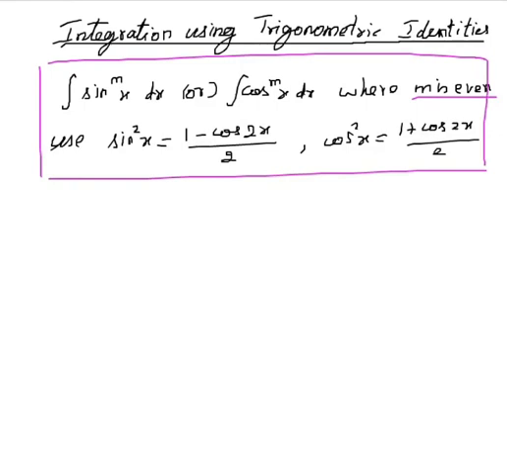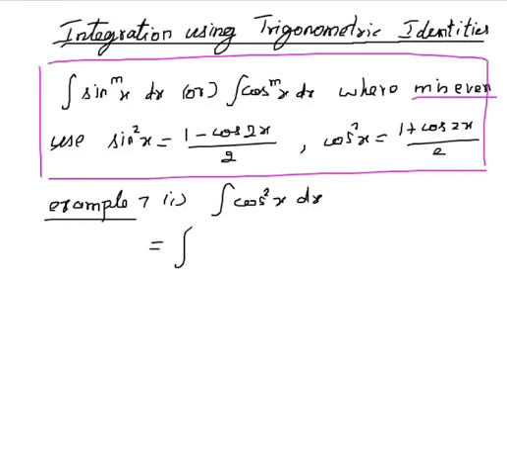Let me explain example 7, first subdivision. Integral of cos square x dx. We know integral of cos x. We don't know integral of cos square x. Don't write it as sine square x.